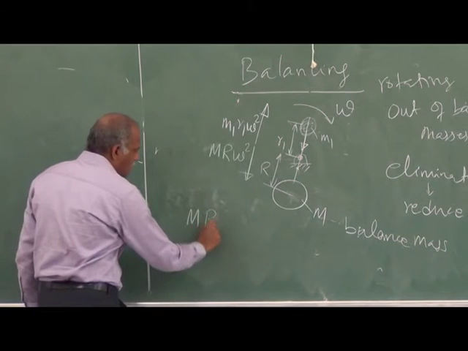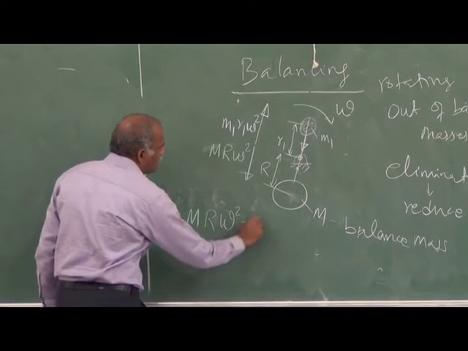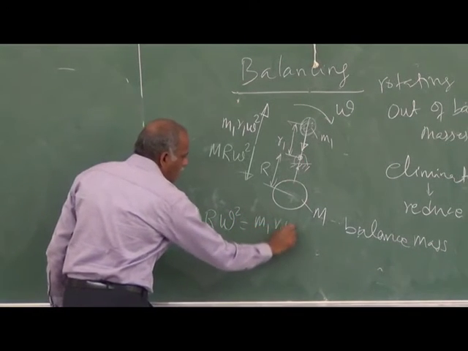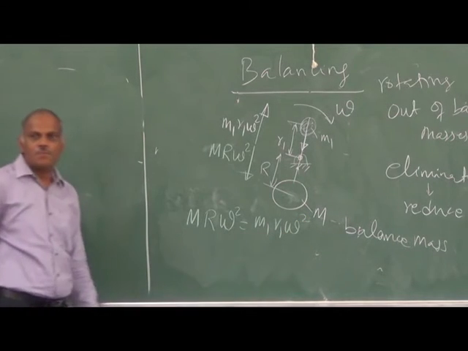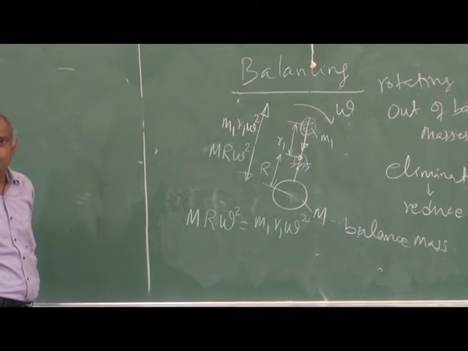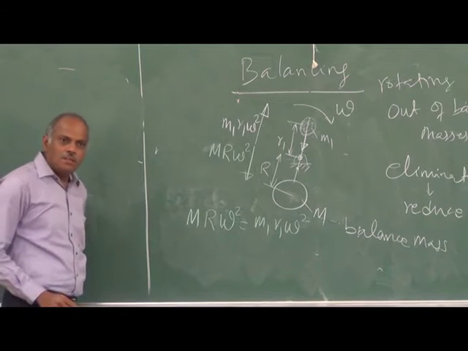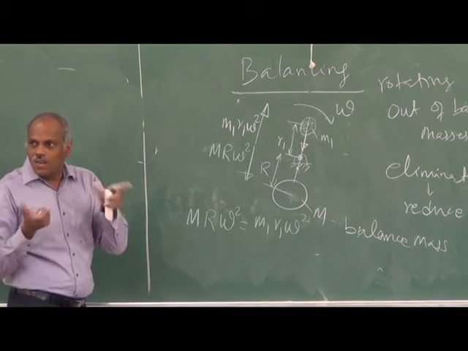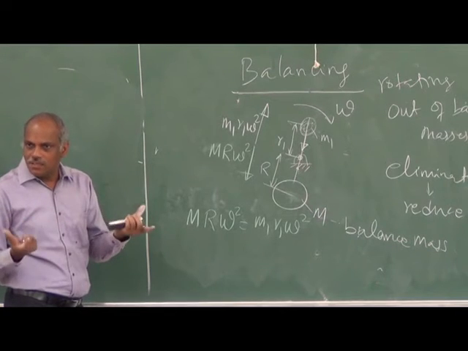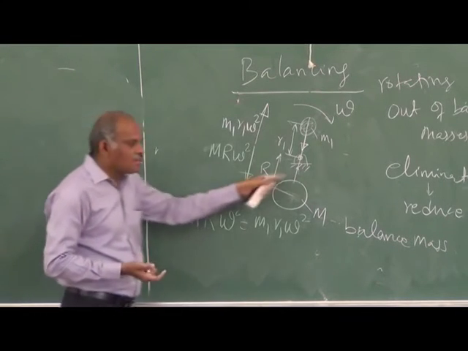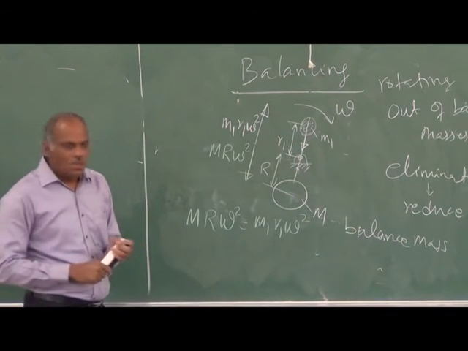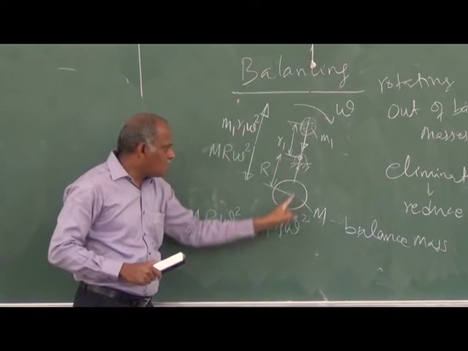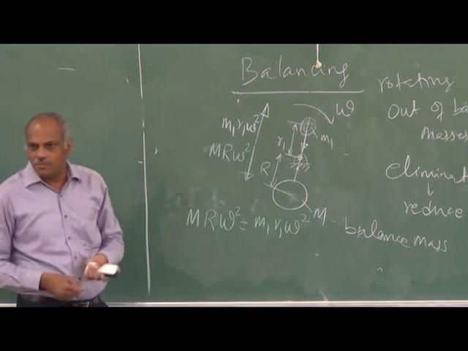So if you choose such that m r omega square is equal to m1 r1 omega square, then these two forces will also be equal in magnitude. They are already opposite in direction. If you are introducing exactly in the same line, they will be collinear.